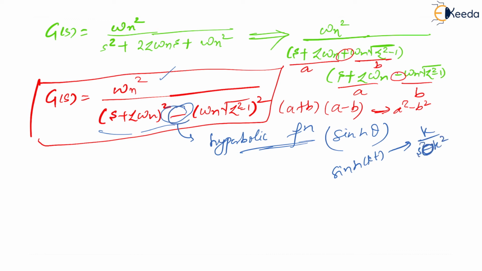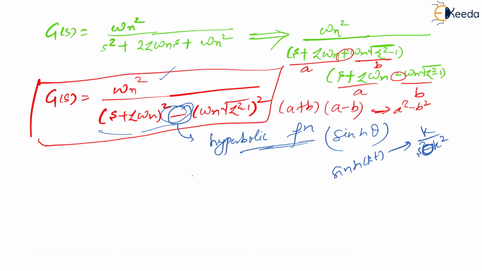So this minus sign is the problem. It is going to give you hyperbolic functions, and it is not at all important to us to analyze them in control systems. We don't want to analyze hyperbolic functions here in our subject, control systems.